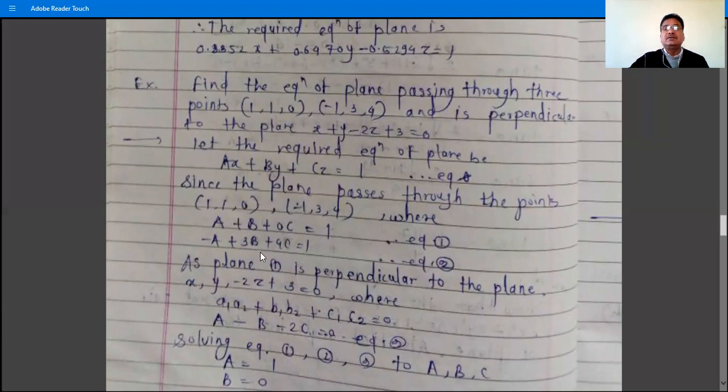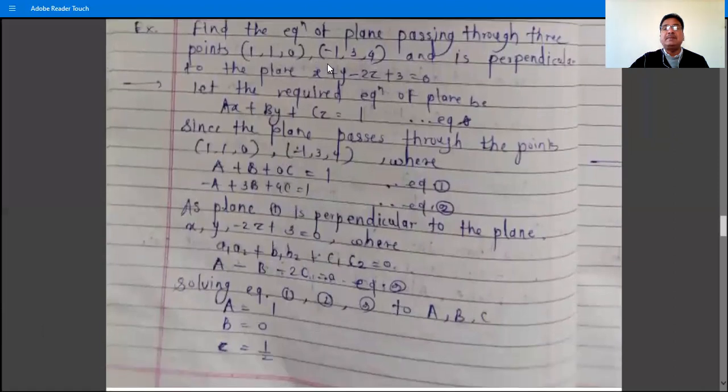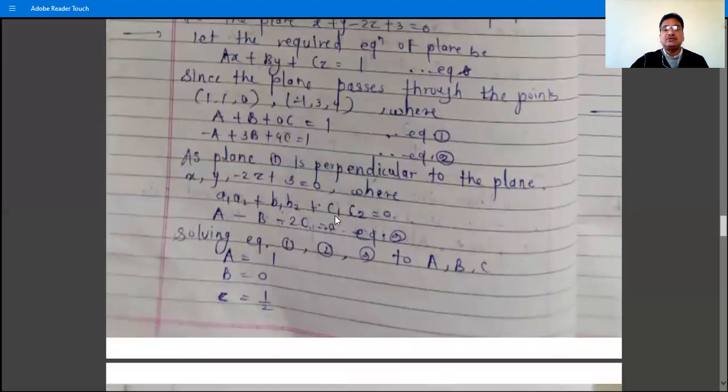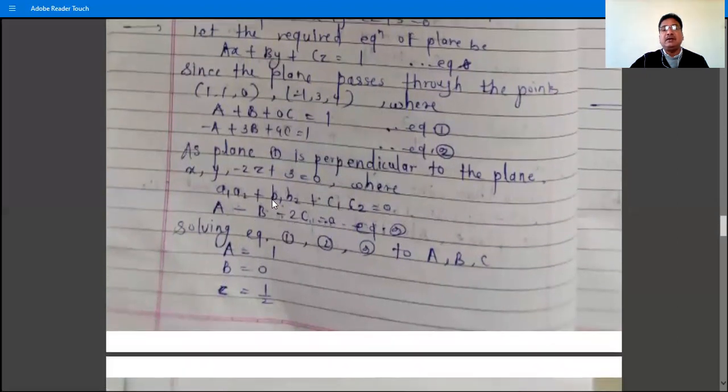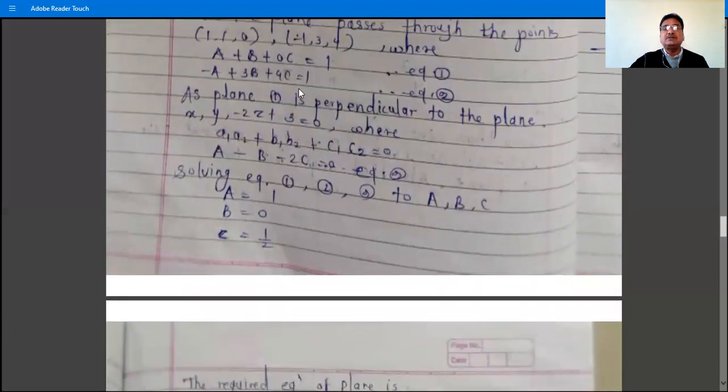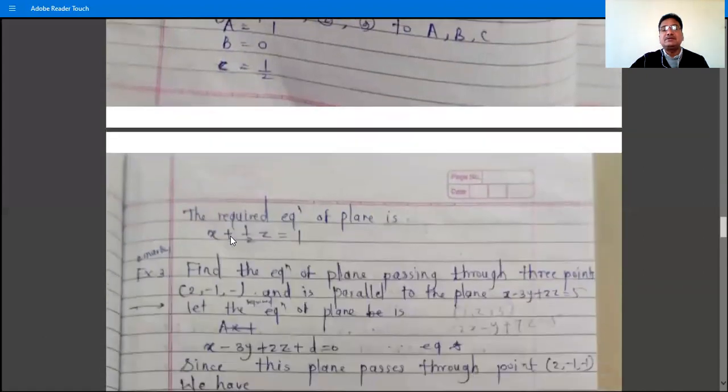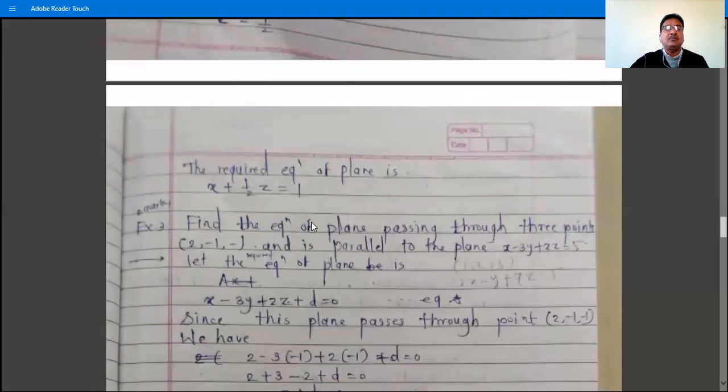As this required plane is perpendicular to this plane, the coefficient of x is a here and 1 there: a into 1 plus b into 1 plus c into minus 2 is equal to 0. That is, a1 a2 plus b1 b2 plus c1 c2 is 0, which means a plus b minus 2c is equal to 0. Solving these three equations, we have the values of capital A, B, C. Substitute the values, and we have the required equation of the plane.